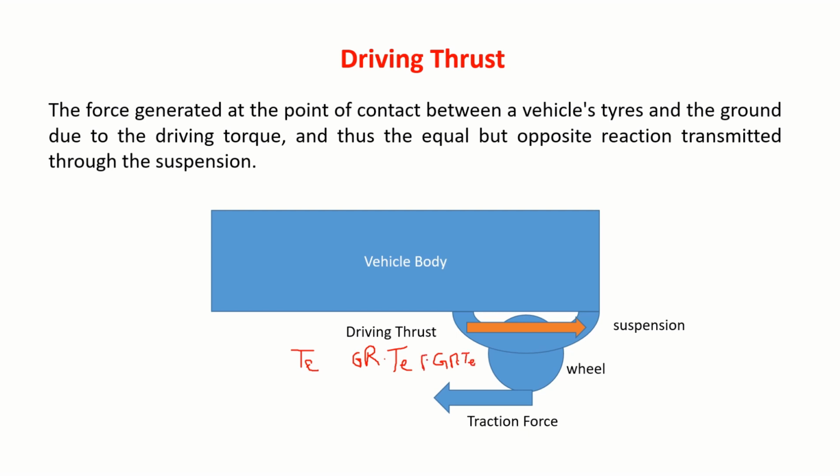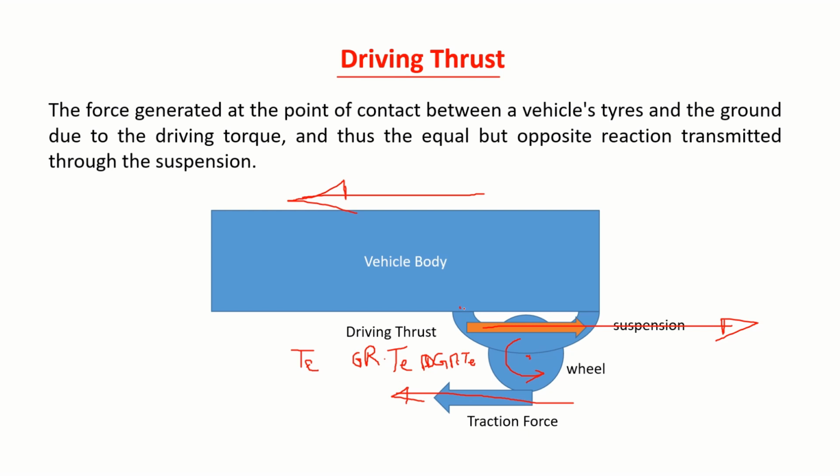All these things together give the torque that comes to the wheel. If this torque is divided by the radius of the wheel, then you will get the traction force. So assume that the vehicle is moving in this direction. For every force, there is going to be a reaction. Correct? This is what I call driving thrust.